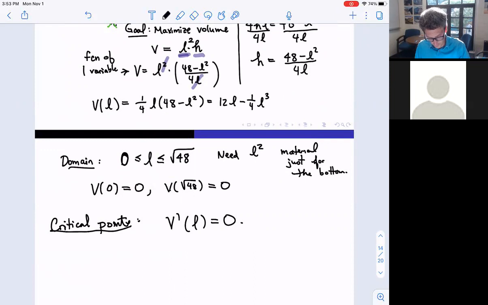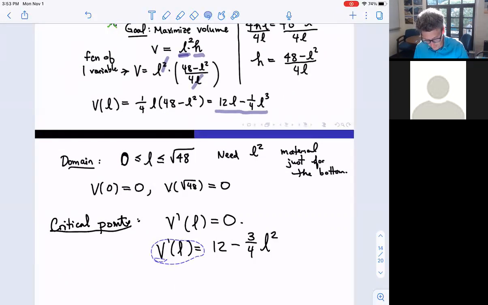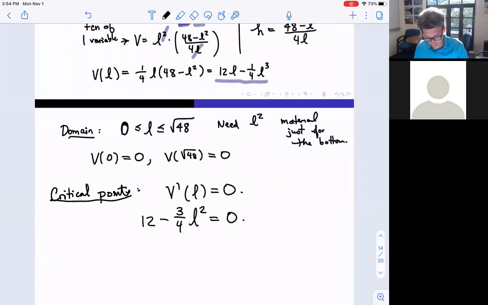So what's our derivative? If this is our equation for V, then V prime is going to be equal to 12 minus 3/4 L squared. And so I take that and set it equal to 0. Now I'm going to get 3/4 L squared equals 12.